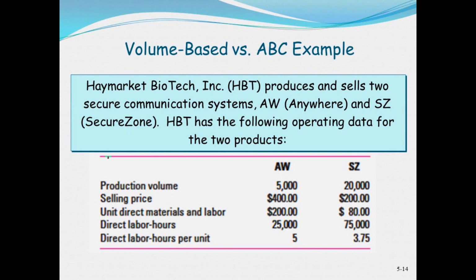AW is a high-end, low-volume product. SZ is a product that they would sell in higher volume at a lower price point. So you can see they produce a lot less AW than SZ. They charge twice as much for the product.